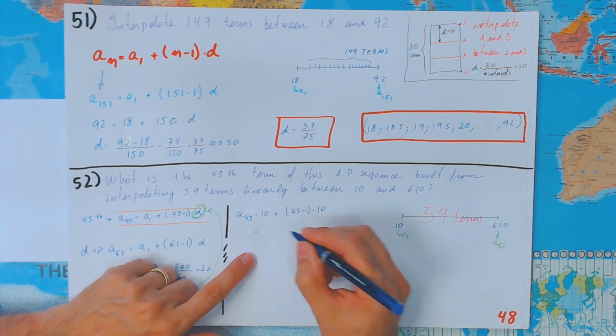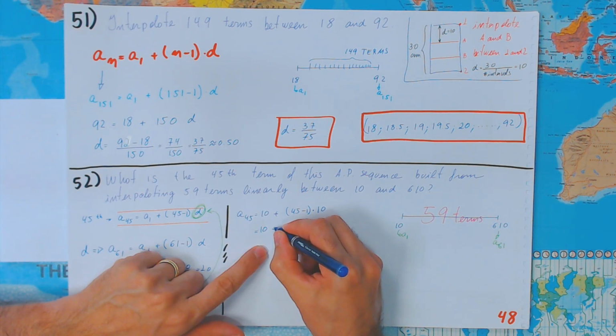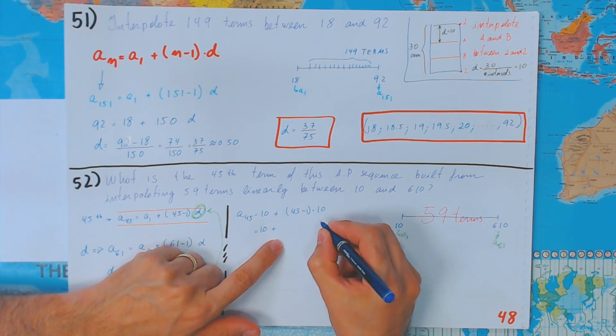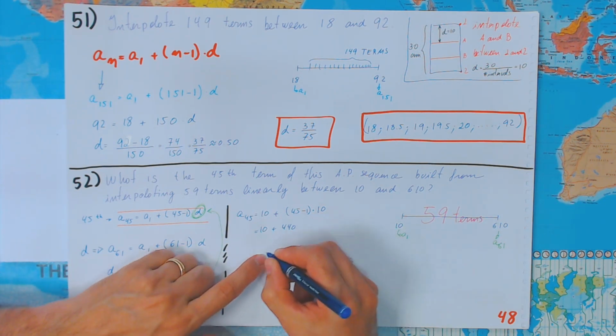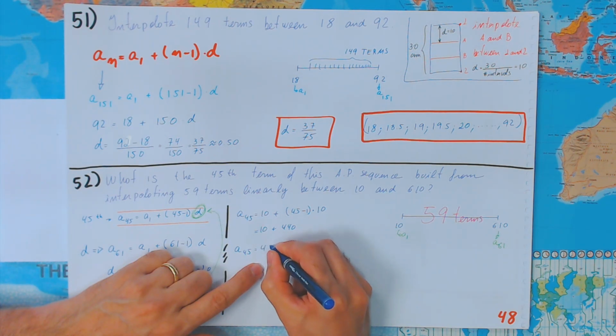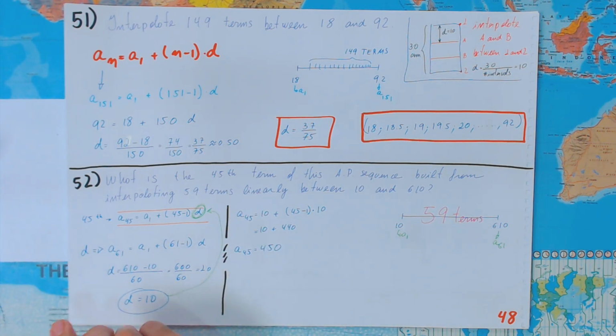This is going to be 10 plus 44 times 10, which is 440. So a45 is just going to be 450. And that is our answer.